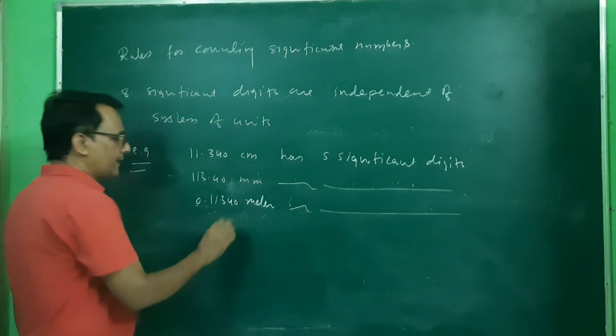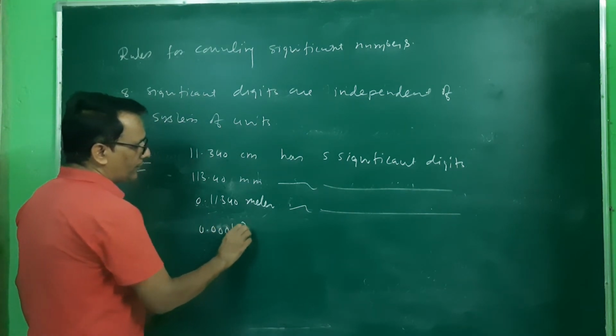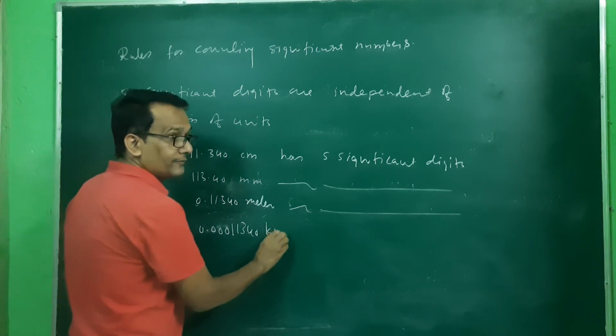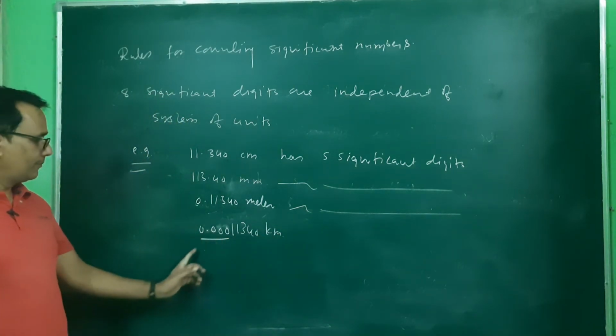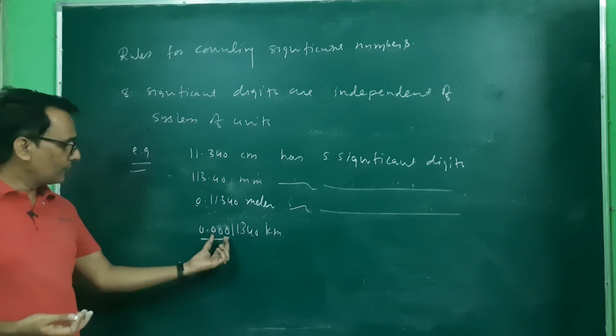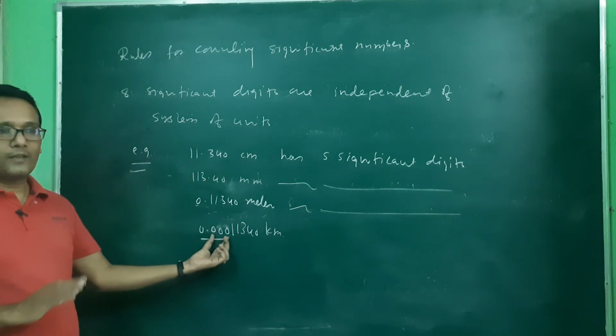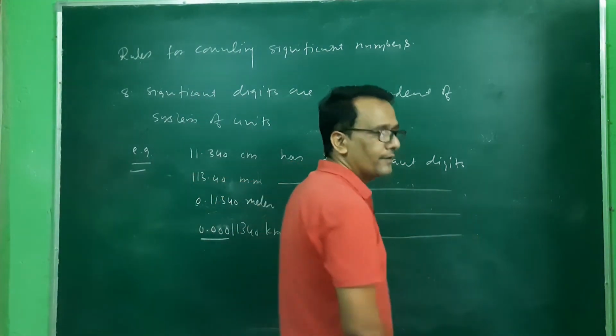And if you convert this into kilometer, 0.0001130 kilometer. Again, these are not counted because there is no non-zero number here, it is less than 1. So there are 3 zeros, and these are non-significant. So obviously this has only 5 significant numbers.